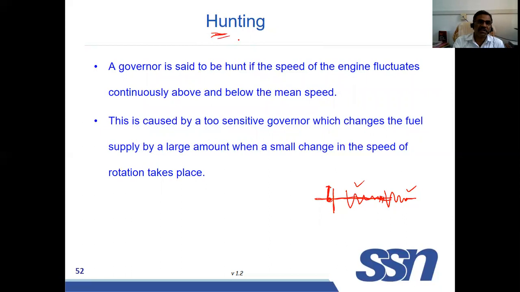So this means sensitivity is a little more. Only then hunting will happen. If sensitivity is less, it will immediately come to the mean position. It will not oscillate. It will not vibrate. Right?